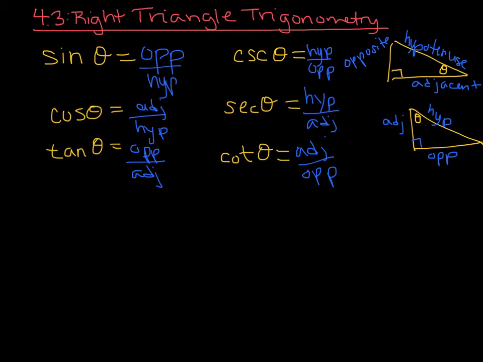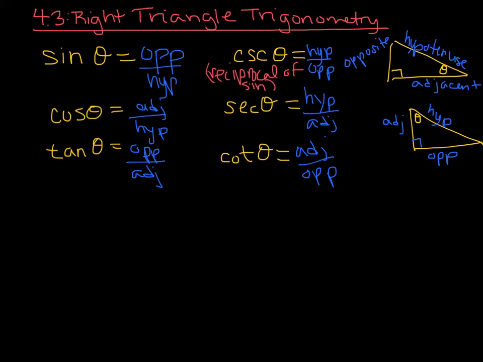Now, I've listed the side ratios for the next three things, but actually rather than memorizing that cosecant is hypotenuse over opposite, I would recommend that you just remember that the cosecant is the reciprocal of the sine. It is a lot easier just to take the reciprocal than it is to try to memorize three additional things.